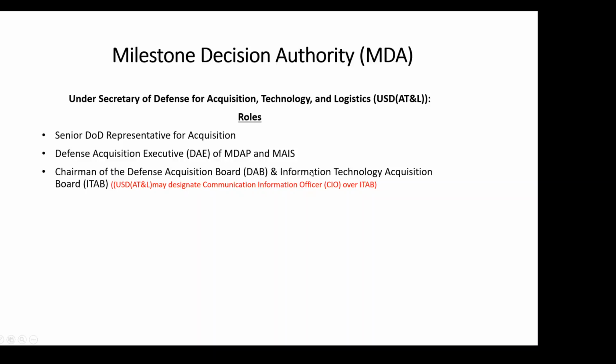And then you have your IT stuff, the Information Technology Acquisition Board. So you also have a board for your IT stuff. He may designate a CIO, Chief Information Officer, to sit over the IT board, which makes sense because he's a subject matter expert. Milestone Decision Authority for Acquisition Category 1D and 1AM programs: the D means it's handled at the DoD level, and the AM stands for automation.